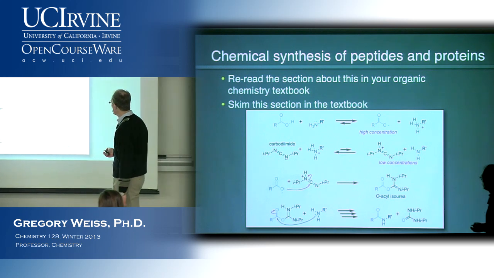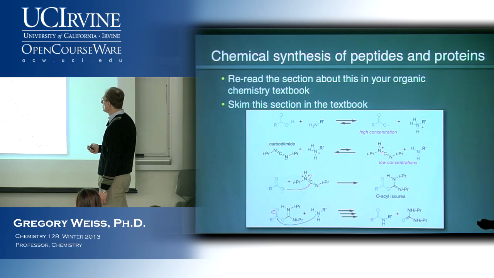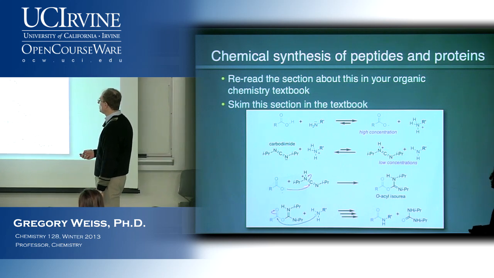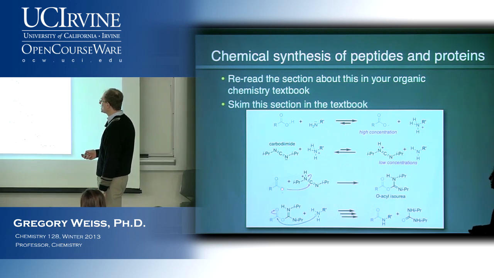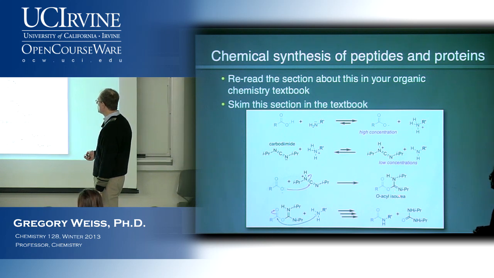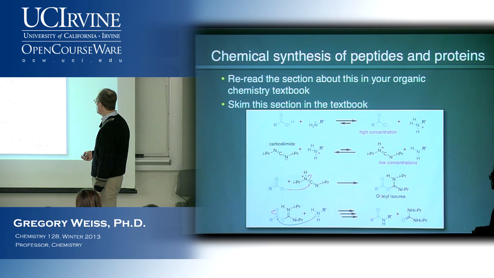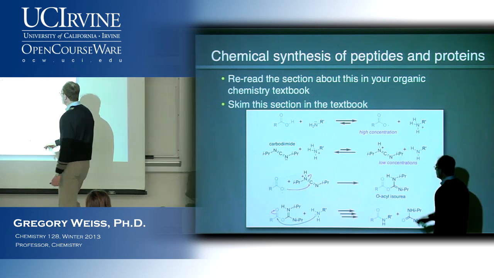It's an even better electrophile if it's protonated. This then acts as an electrophile to be attacked by the nucleophilic carboxylate to give you this key intermediate, which is an acyl isourea. This acyl isourea is now an activated carbonyl.